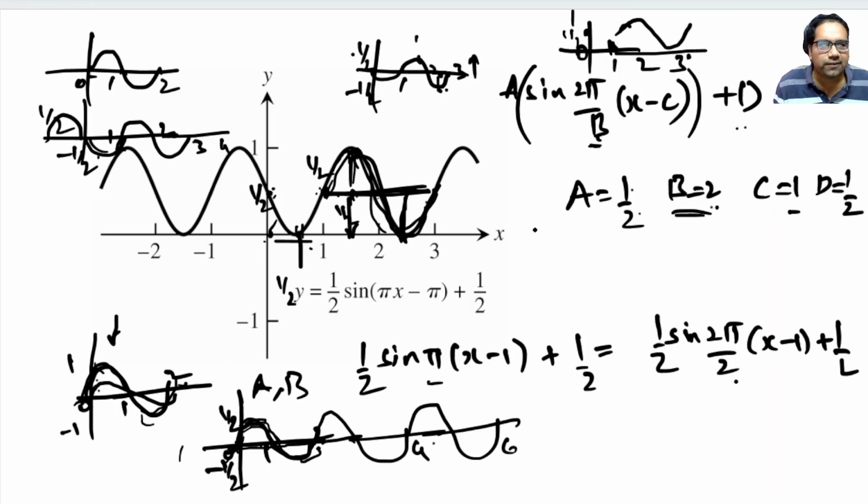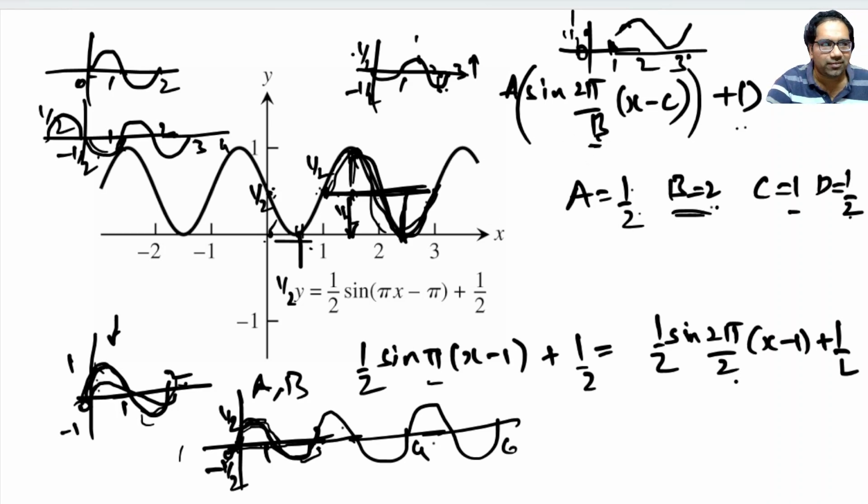Then we adjusted for C, that is the horizontal shift, 1 unit towards the right side. After that, we did the vertical shift of half a unit upwards. So basically, we did stretching first and shifting second. You can do it the other way also. Basically, we just need to worry about stretching and shifting.